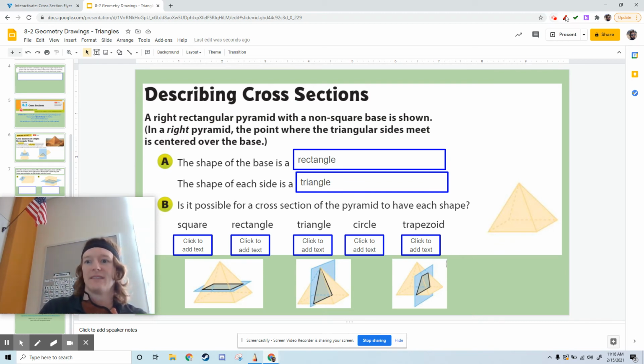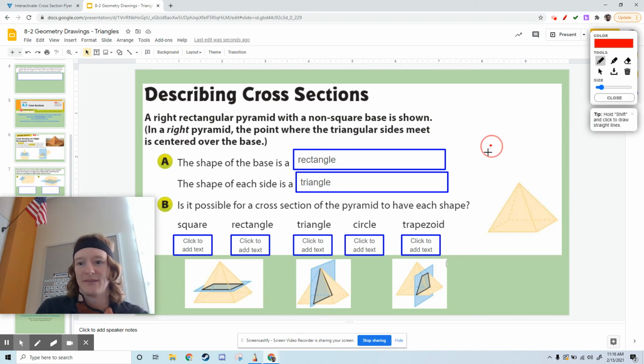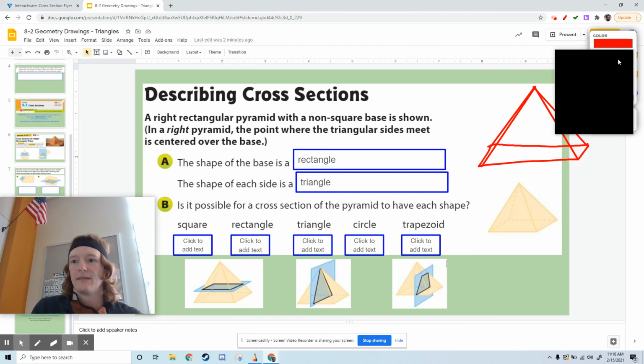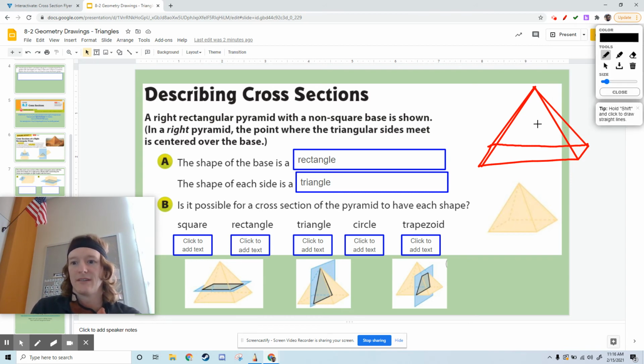I wish I had a better 3D model of it, but let me see if I can model it a little better. So I've got my rectangular base. They're all going to go up to this point. So it's kind of a goofy looking pyramid. Now, if I'm trying to make a square, let's say I go through like this.